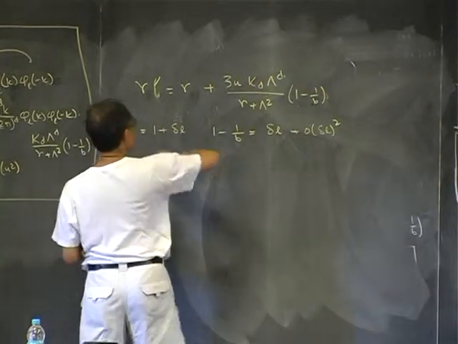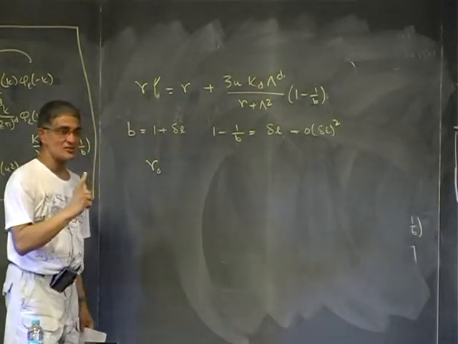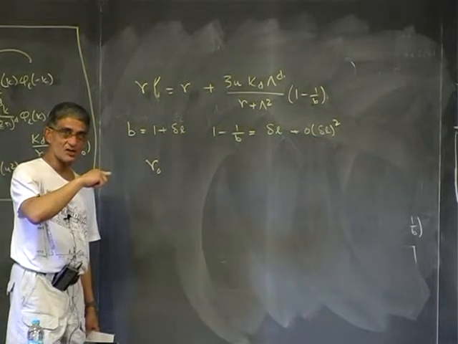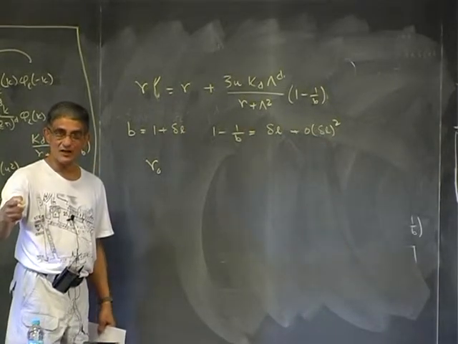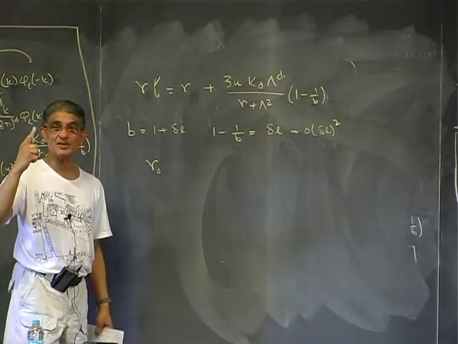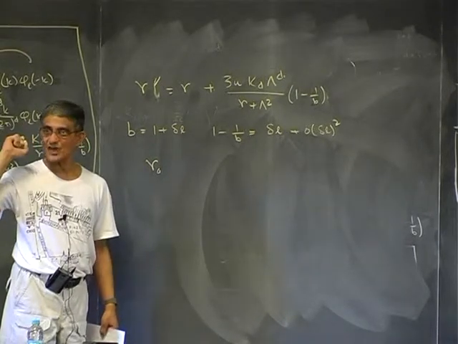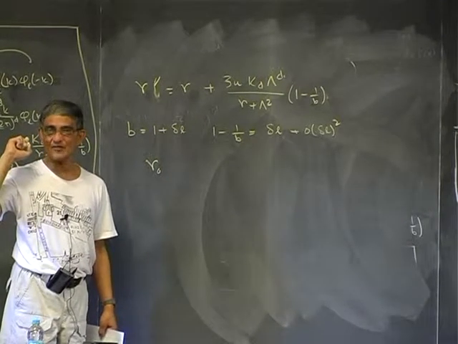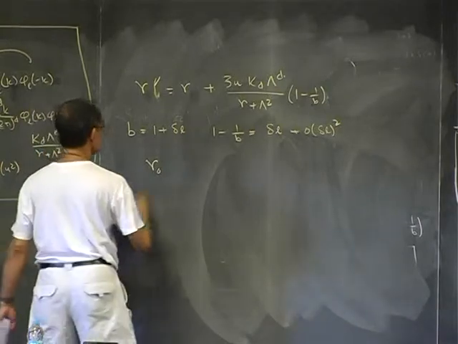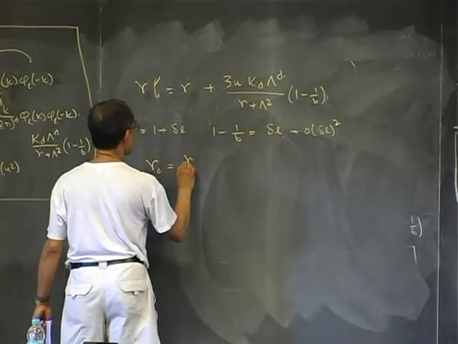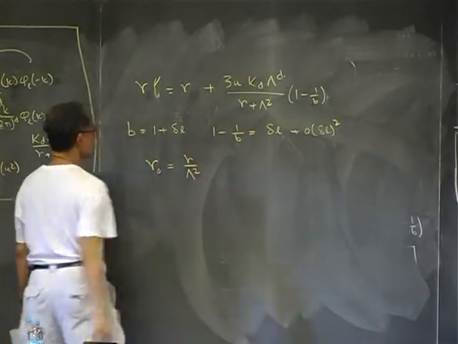Okay. The next step in my process, if you remember my discussion of this Gaussian fixed point, was to define dimensionless variables. r is not dimensionless, it has dimension of mass squared. So let me define r naught as r by lambda squared.